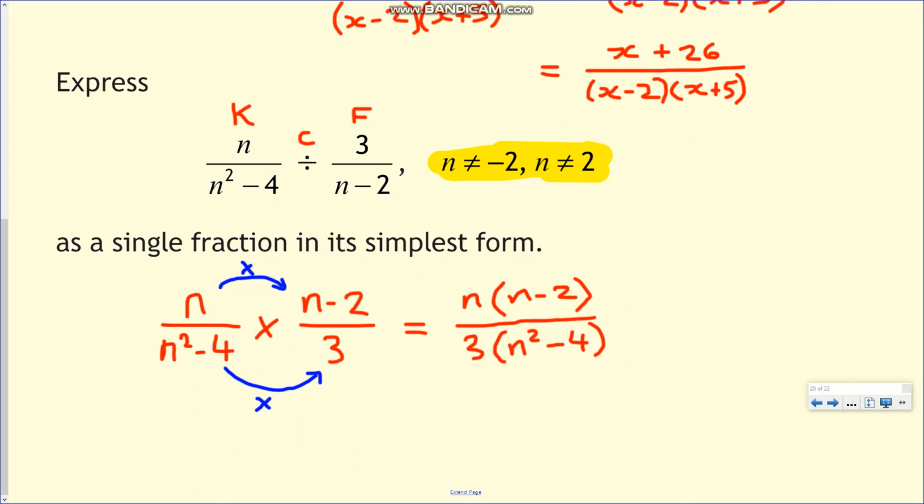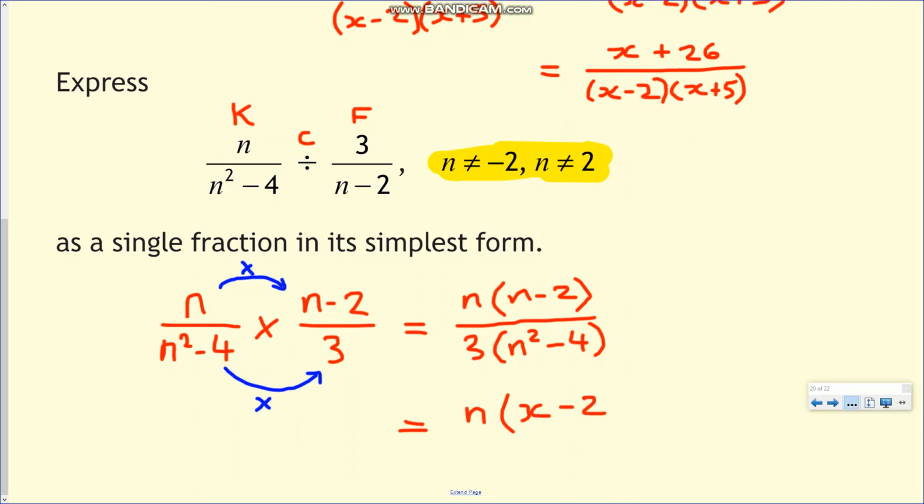What's important is if you look, you'll notice on the bottom of this fraction we have a difference of squares. That's something that you have learned during your factorization topic. So what I'm going to do is rewrite the top half of this fraction, but I'm going to fully simplify.